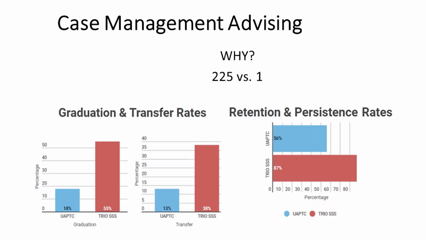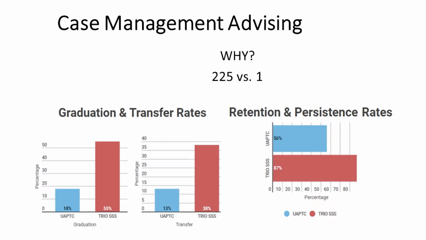Desiree is there. Mary Kate is there. Linda is also there for Veterans Upward Bound. And 87% is a whole lot better than 56%. Think about what that would mean in the numbers if we just got those students to persist semester to semester.